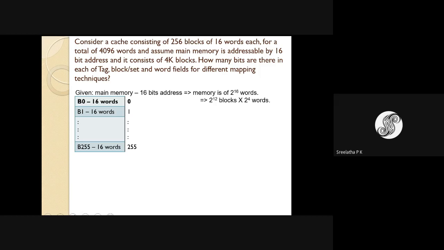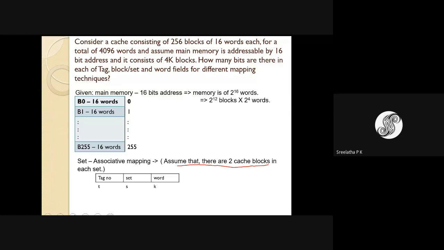It is not given how many blocks are there in a particular set, so we just assume there are 2 cache blocks in one set, which makes the calculation simple. So how many word bits, how many sets, and how many bits for the tag number. Number of words is 16, so 2 power 4, 4 bits are required for representing the words.